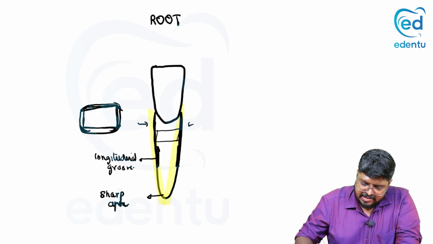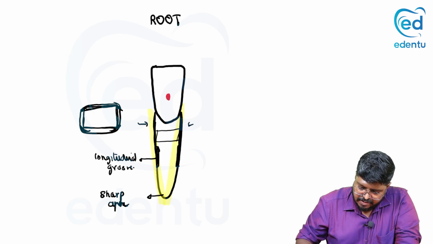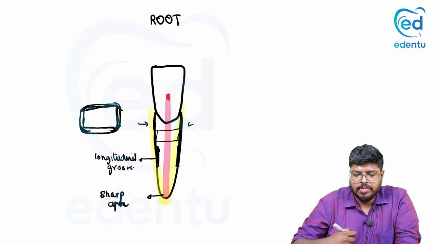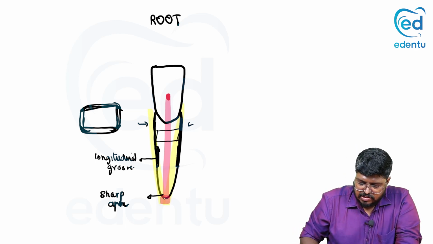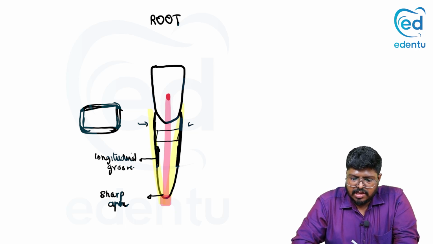So the access point will always be at the center, and if you have an infection from this root, there is going to be a straight pathway downwards that enters into the periapical area. It's a sharp tooth bounded by very dense mandibular bone. Therefore, any lesion over here will show an exaggerated amount of pain on vertical percussion.